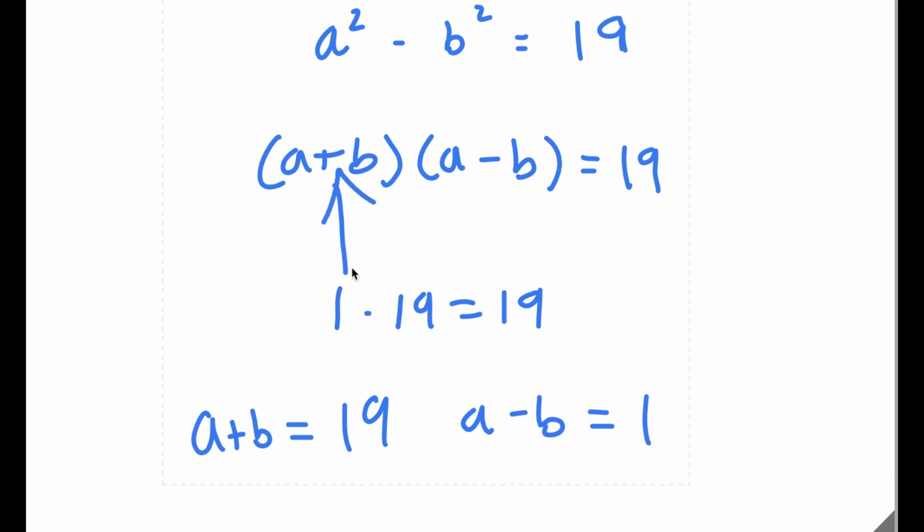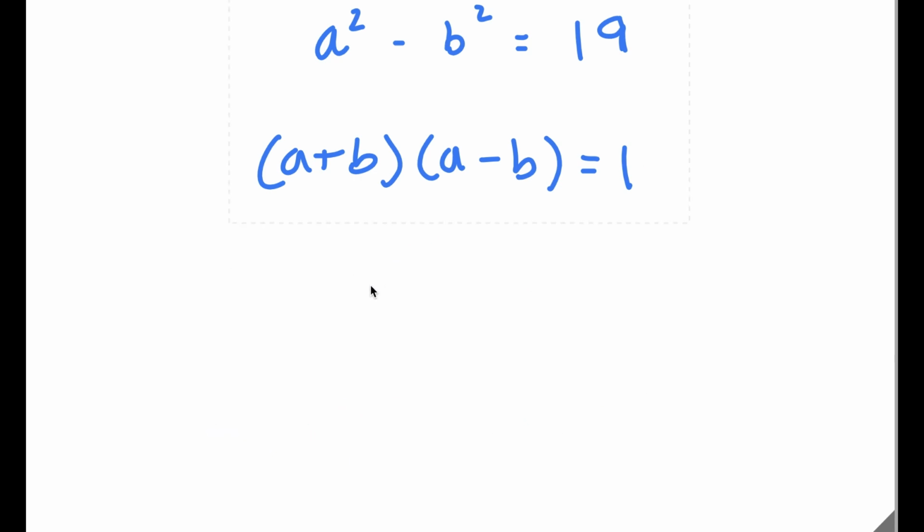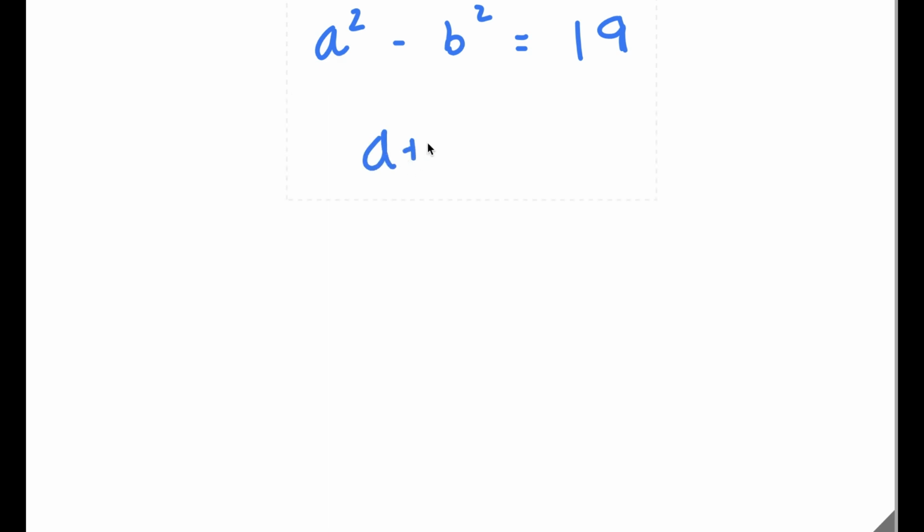Because if we correlate 19 with a plus b and 1 with a minus b, then we get 1 times 19, which is equal to 19. So now that we know this, we know a plus b is equal to 19 and a minus b is equal to 1.